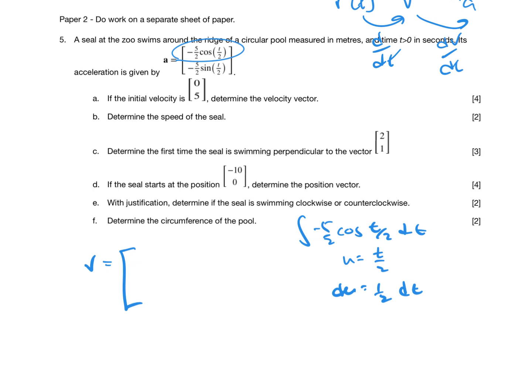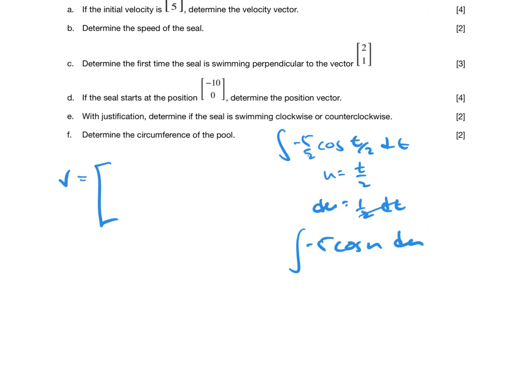This half is here and here, so I can get rid of those and say negative 5 cosine u du. The integral of that is simply negative 5 sine u plus c, and plugging t back in, I get minus 5 sine t over 2 plus c1.